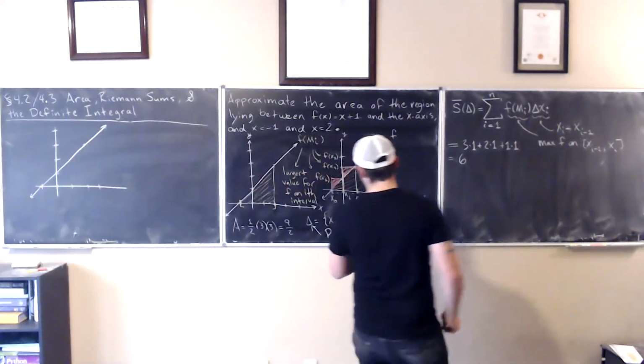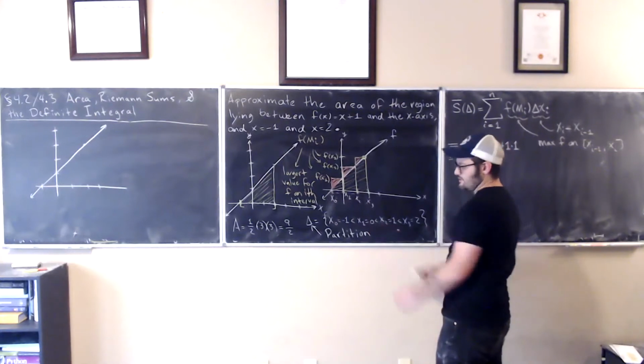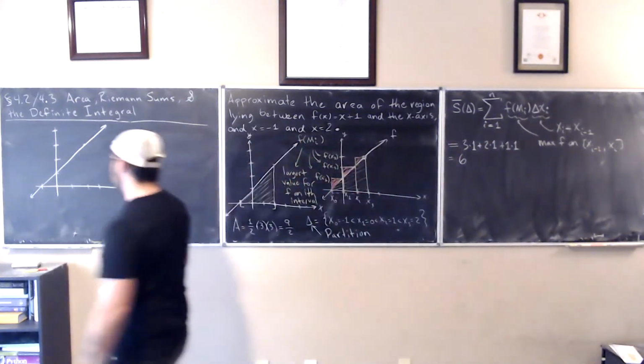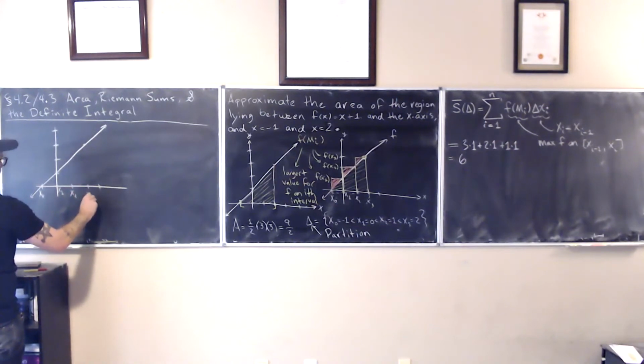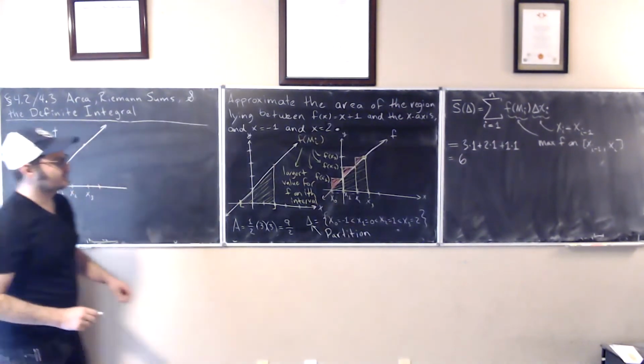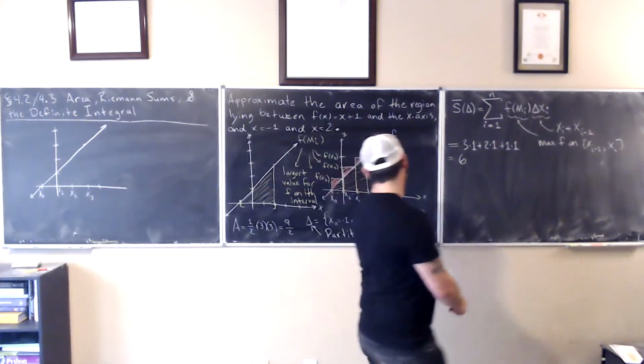And I'm going to take the same partition I did over here. So this would be x0, x1, x2, x3. So -1, 0, 1, 2.